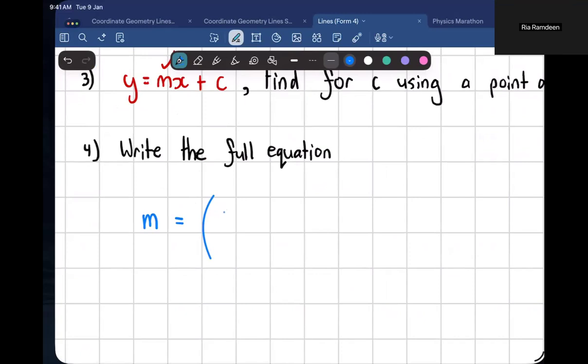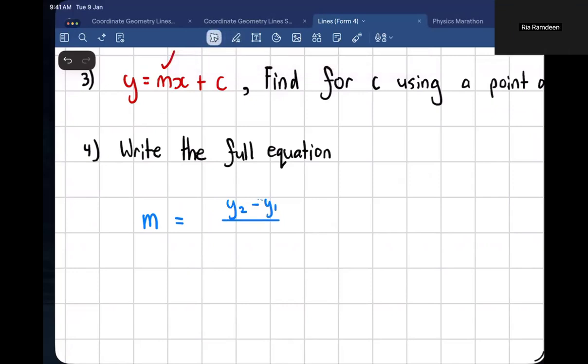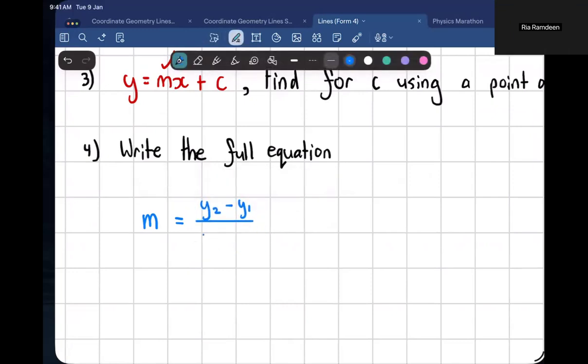Y2 minus y1, so change in y, over the change in x, x2 minus x1. I don't know why I always get mixed up with that.